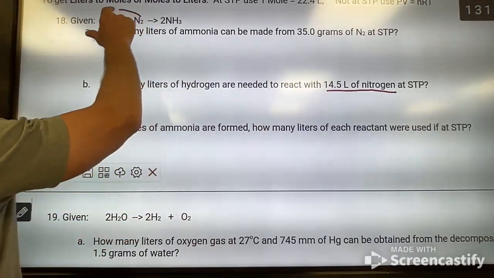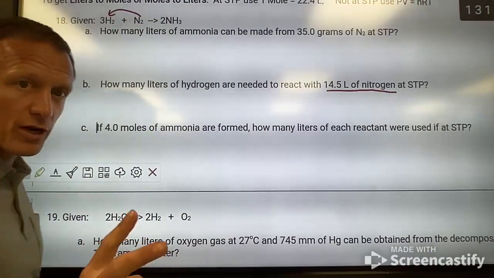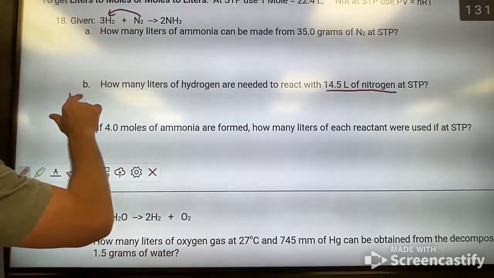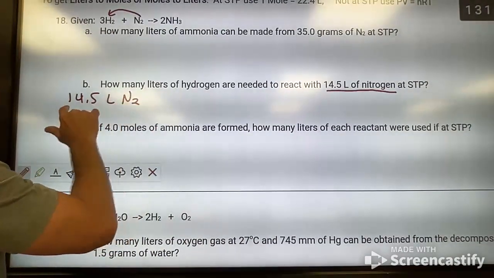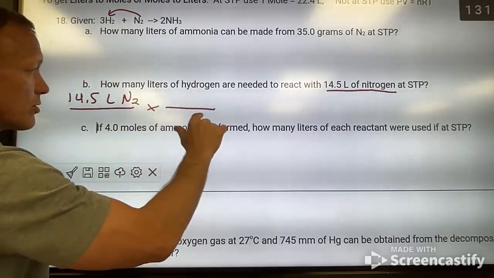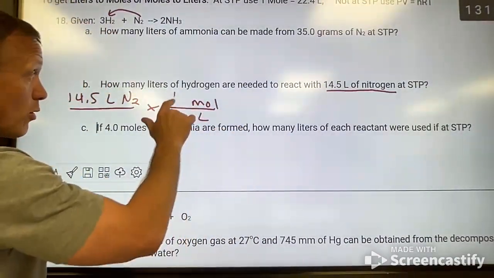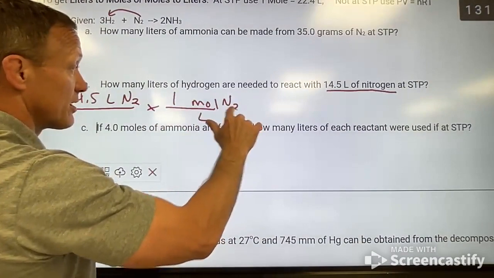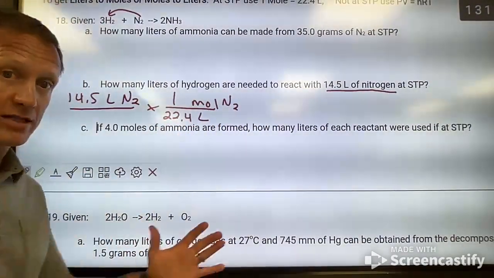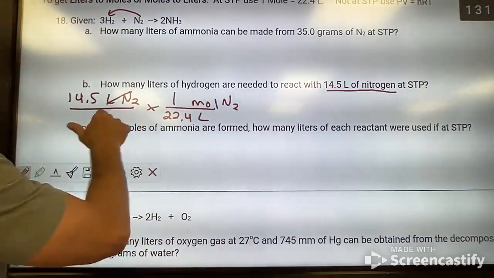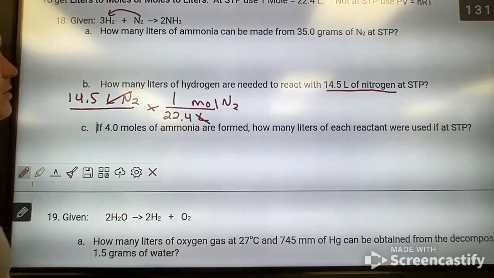I'll show this 2 different ways, but we'll say we have 14.5 liters of nitrogen. We're going to turn that into moles. So liters to moles. Now we're not using the periodic table. We're going to say that a mole of any gas, a mole of nitrogen in this case, at STP is 22.4 liters of space. So 14.5 liters is a little bit less than a mole, because 22.4 liters is a mole. That gets us to moles nitrogen.